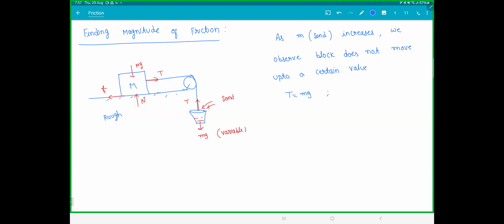Since it is not moving, friction is also equal to tension, equal to mg. So something is happening here: this friction is not constant. As small m is increasing, friction also increases. And after a certain value, it suddenly moves. At a certain value, the block suddenly accelerates. This is what you observe while doing the experiment.